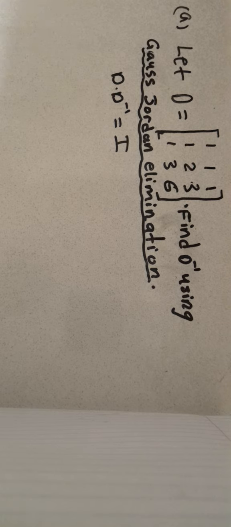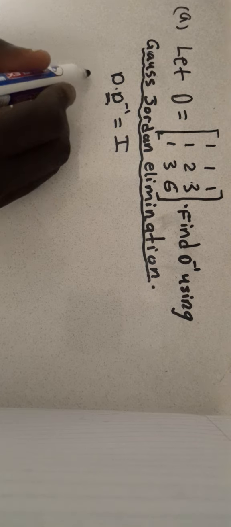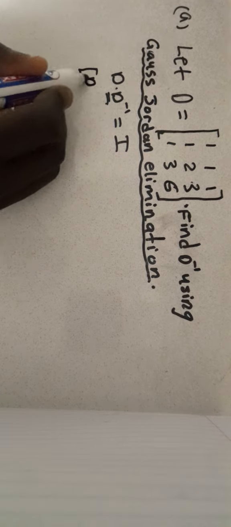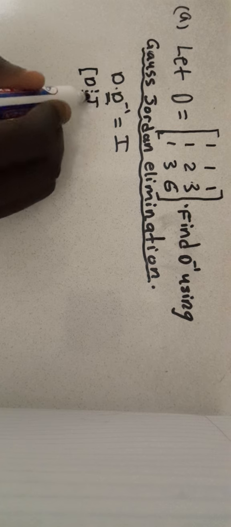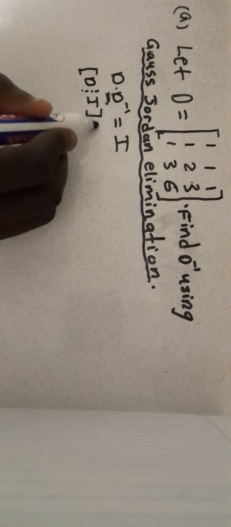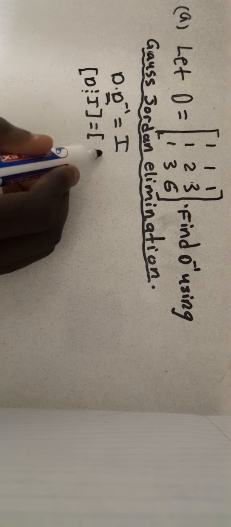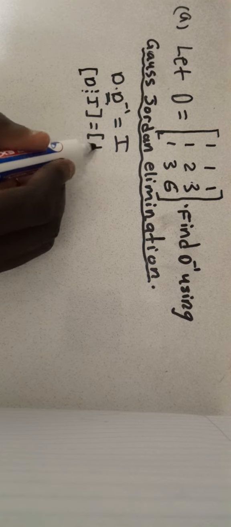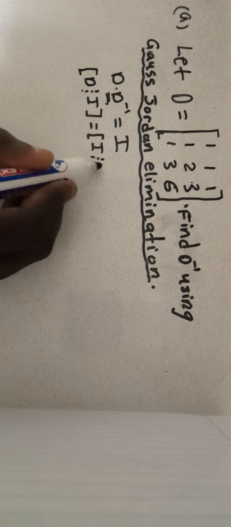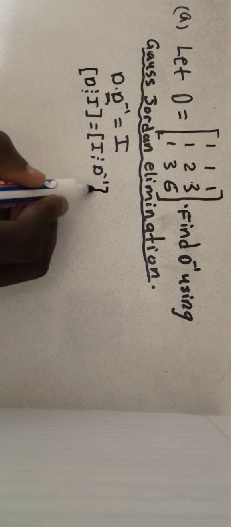In this case, we need to find the D inverse. You can write what we call an augmented matrix, D joined with I. When we apply Gauss-Jordan elimination, it must give us I joined with D inverse.